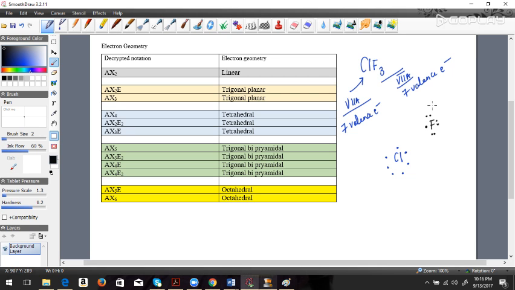I'm going to have 3 of these, because I've got 3 fluorines. It really doesn't matter where you position them, I'm just going to position them where I want them to be, all over here.